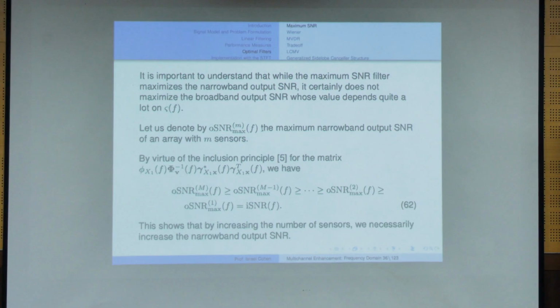So it will not add significant information that we can use in order to better estimate X1, and therefore there will be equality.